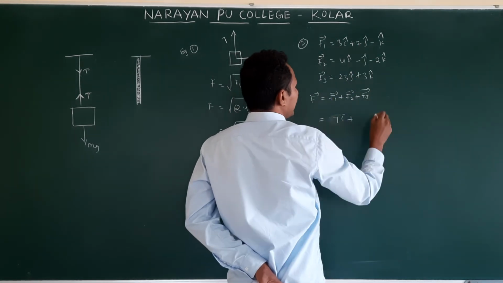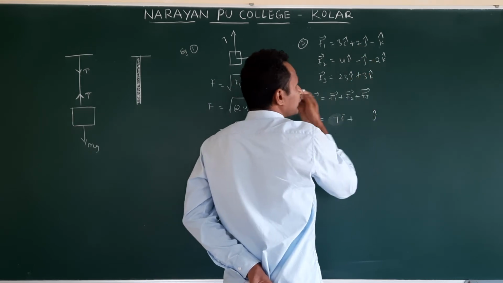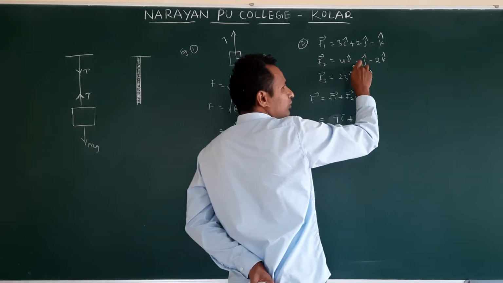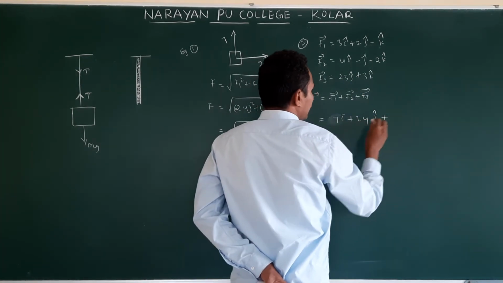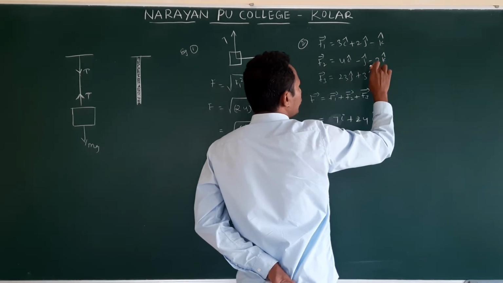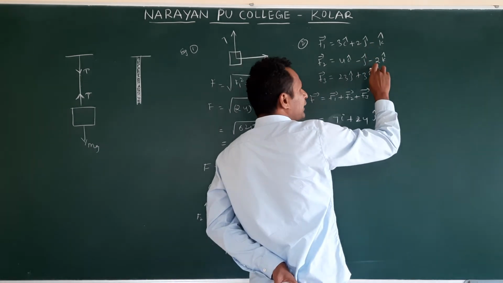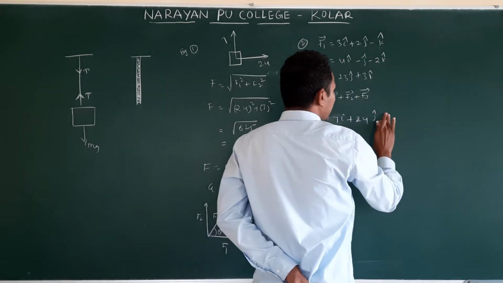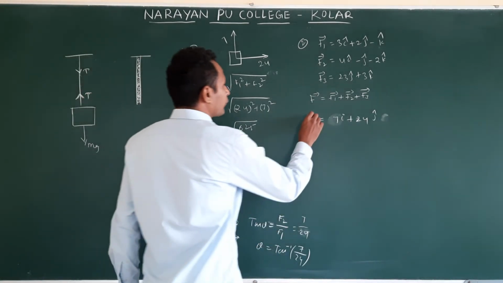Then j cap: 2, minus 1, plus 23. 2 minus 1 is 1, 1 plus 23 is 24 j cap. Next k cap: minus 1, minus 2, plus 3. Minus 1 minus 2 is minus 3, minus 3 plus 3 is 0. So k cap is not here. So this is 7i plus 24j.